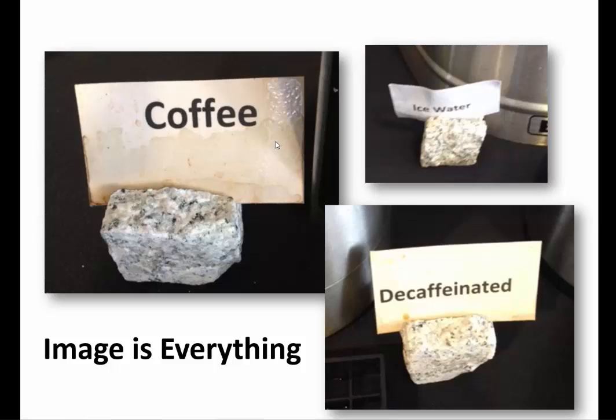Not very well, unfortunately. If you look at these images, and it's kind of hard to see maybe in the video, the one on the left-hand side is stained, it's taped. If I were to be getting a drink of coffee out of that container, I'd have to wonder if it was clean. And then the crumpled ice water label up here in the right-hand corner, and the other one down below.